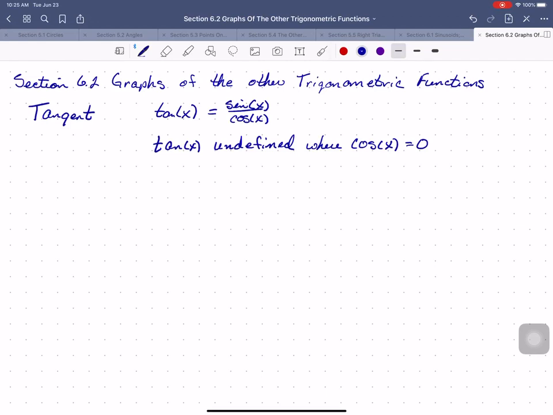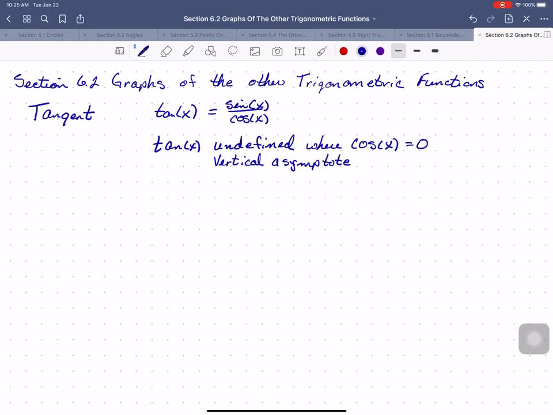And so you'll remember from previous coursework that this means that we should see a vertical asymptote at those points. And you'll remember from our previous conversation, the cosine equals 0 at odd multiples of pi over 2, right?